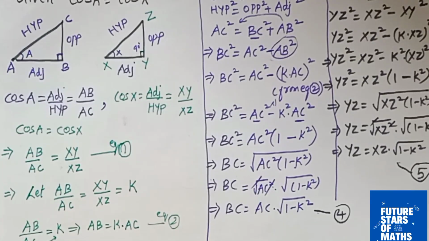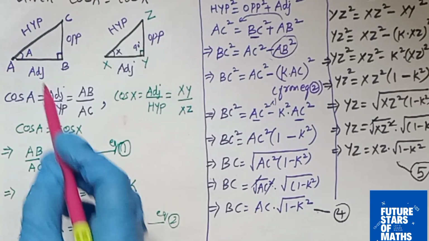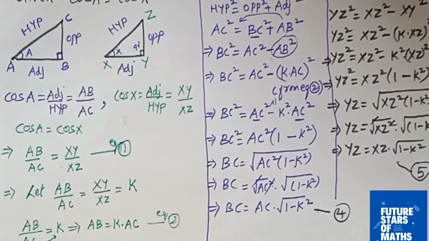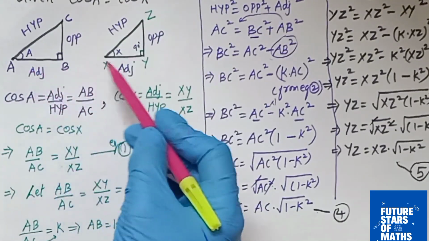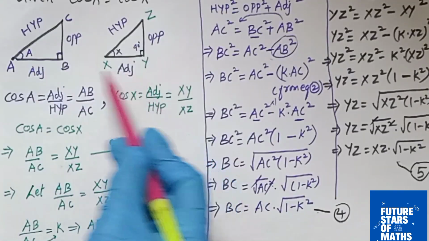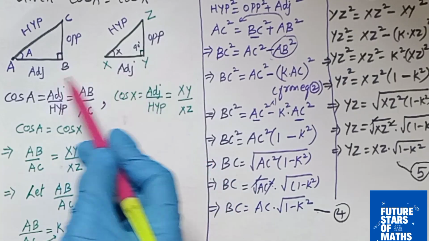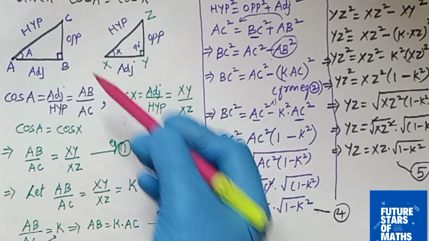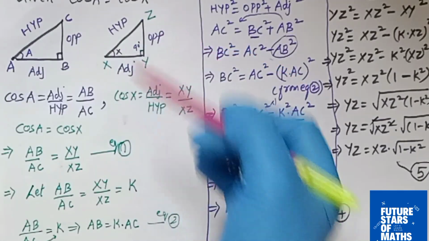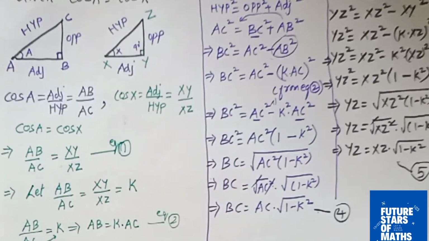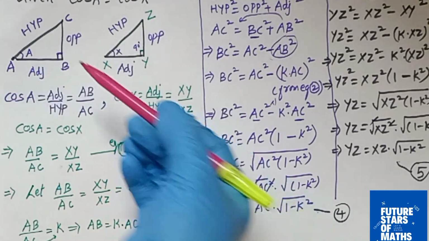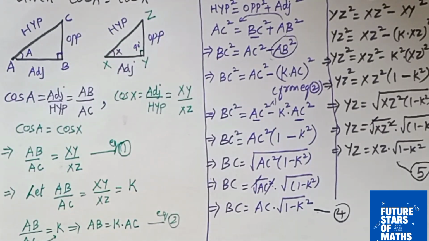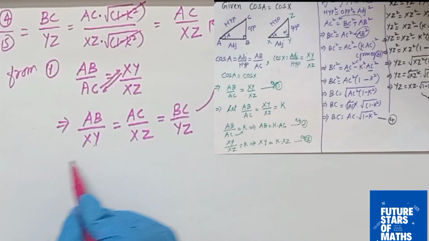When you see the triangles, what is AB by XY? It is the ratio of corresponding sides of the two triangles. Then AC by XZ is the ratio of the hypotenuse sides, and BC by YZ is the ratio of the opposite sides. So all these are equal. What does it mean?